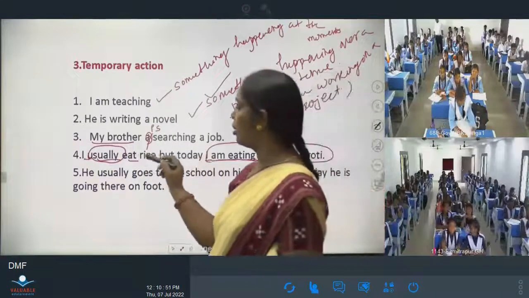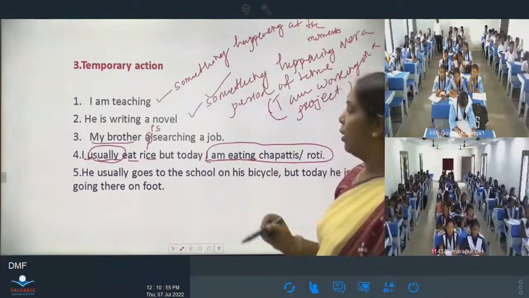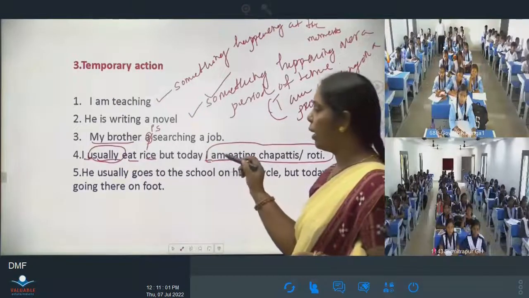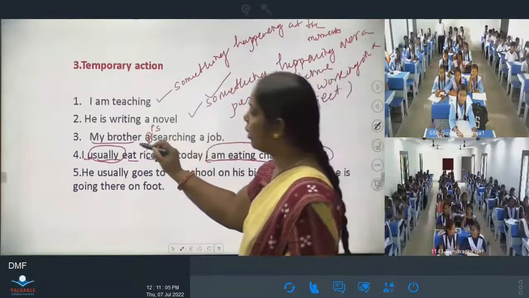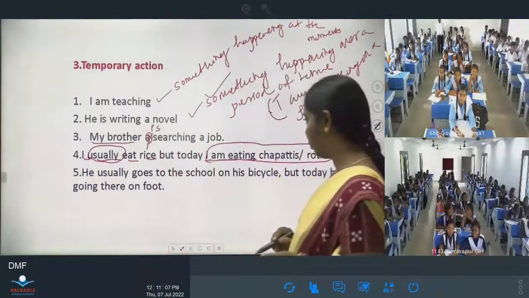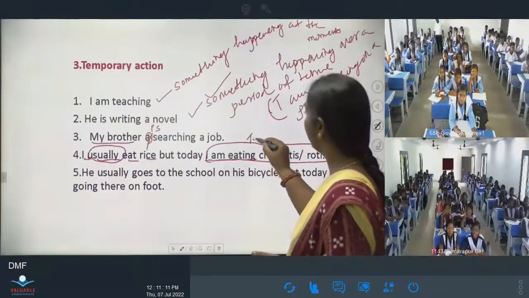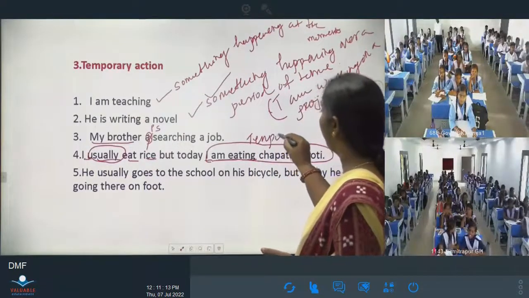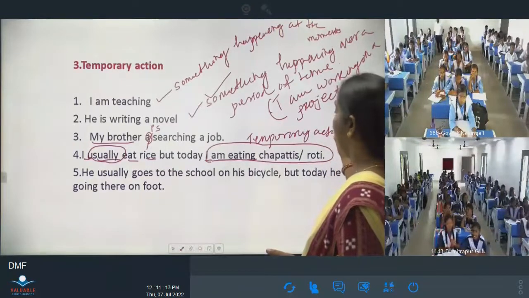Every day he eats rice, but only on that day he eats chapati. That's why we are using present progressive here and present simple there. So this is the temporary action.